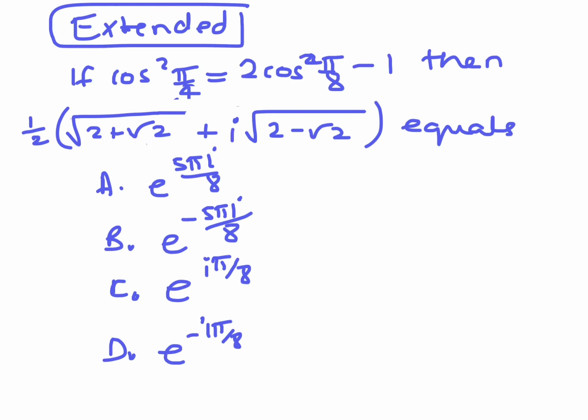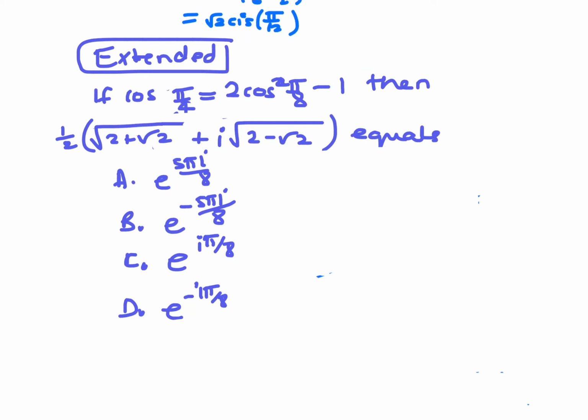Okay, so let's just have a look at this question. Cos pi on 4 equals 2 cos squared pi on 8 minus 1. Then what will this equal? Okay, so if we start off, 2 cos squared pi on 8 minus 1 equals cos pi on 4.